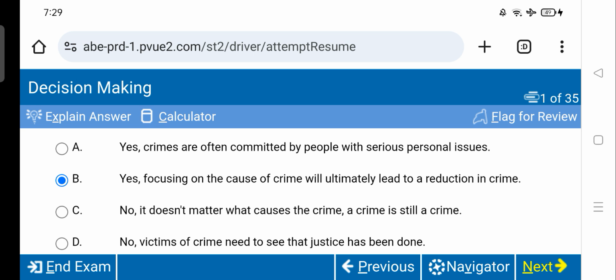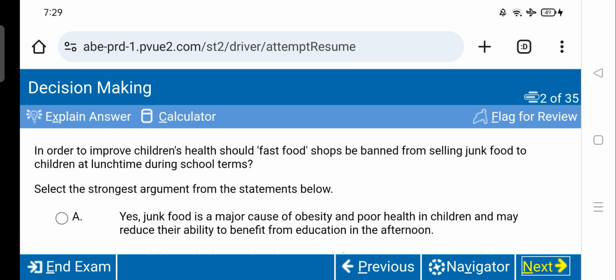Next we have question number 2, which says, in order to improve children's health, should fast food shops be banned from selling junk food to children at lunchtime during school terms?